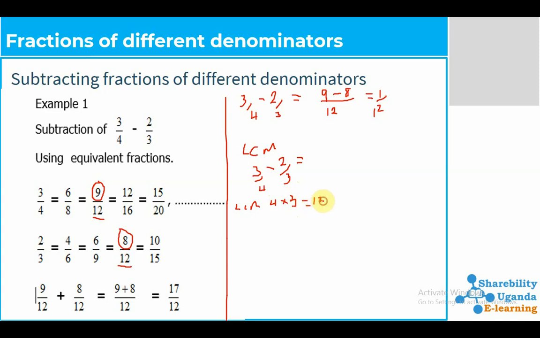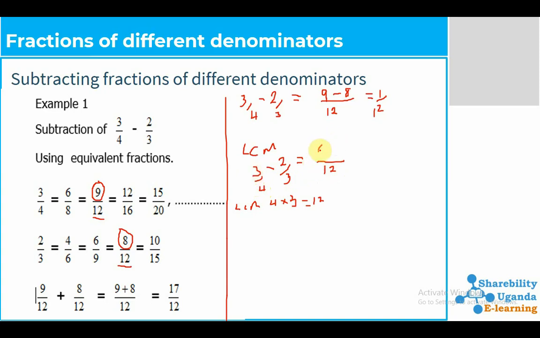So we say that our common multiple is going to be 12. What is 12 divided by 4? We get 3. 3 times 3, we get a 9.